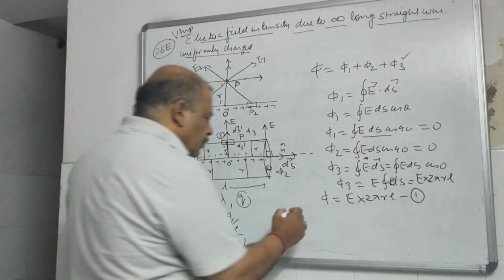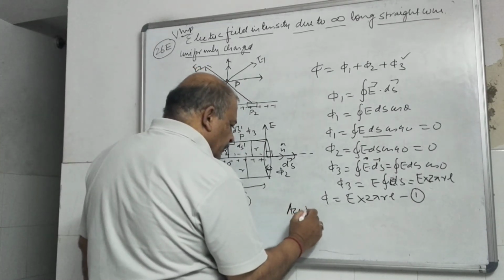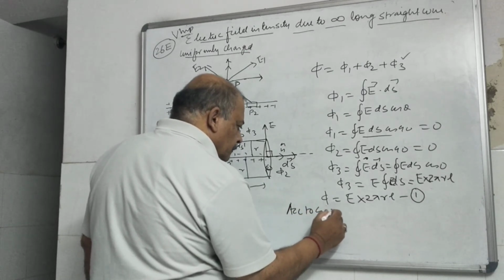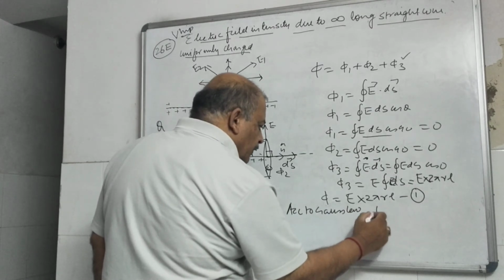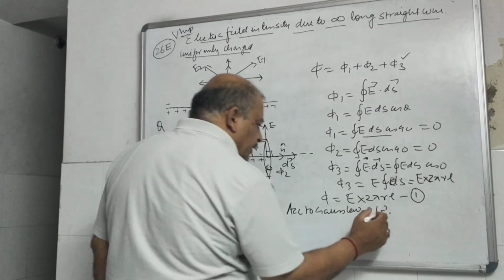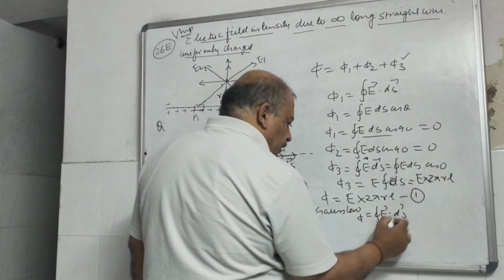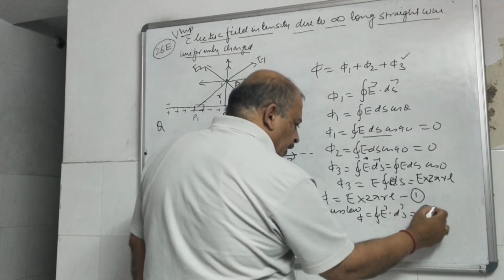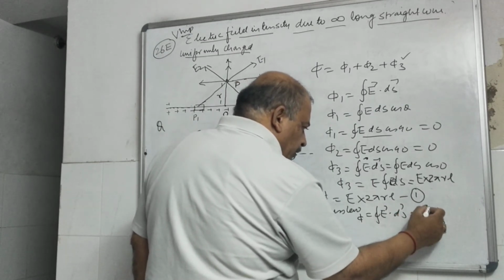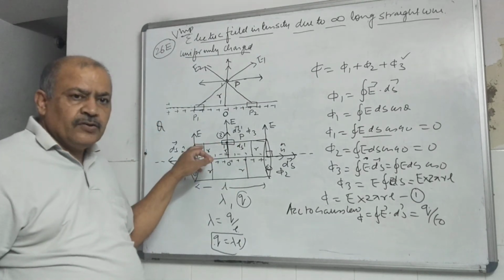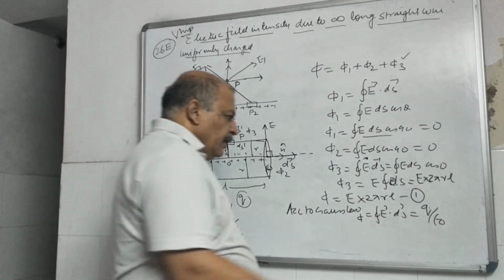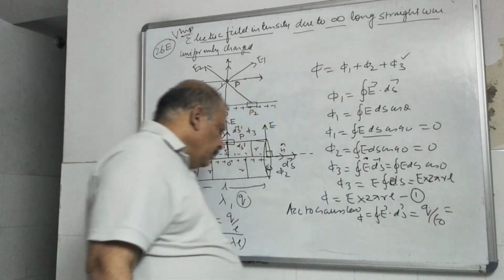Now, according to Gauss law, phi is equals to surface integral E dot ds. This you already taken, equals to Q upon epsilon naught. This Q is the charge enclosed in this cylindrical Gaussian surface. And what is the value of this Q?